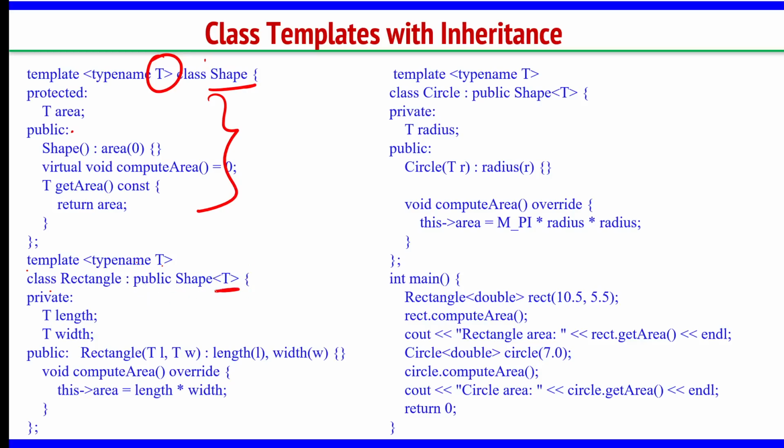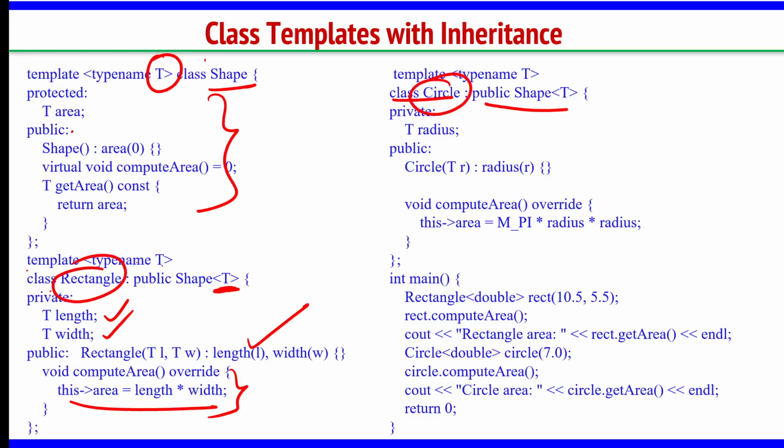We are showing that the type of this shape is T, then T length, T width. So, this is again a default parameter as the constructor, and I am calculating something here. Then I have another child class, class Circle, public Shape. See, this shape is rectangle, this shape is circle. Again T radius, constructor, calculation.